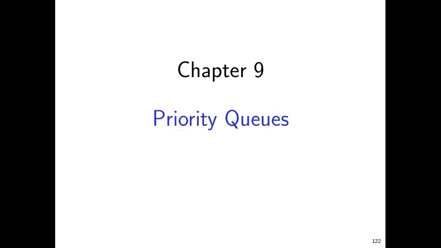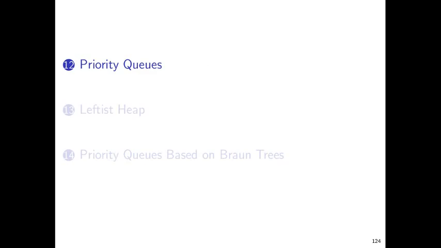And who knows the heap data structure from, say, heap sort or whatsoever? Okay, so we will do a similar thing, a heap, but we will do it functionally. So first of all, we need some abstract interface for priority queues.